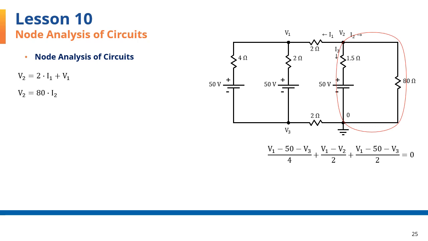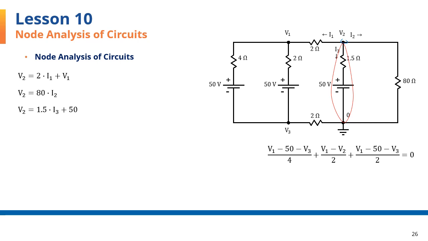Again, let's write the equation. The voltage rise of V2 on the left, and the only other voltage I come across is a voltage drop of 80 times V2, which goes on the right hand side. The third loop, again from 0 to V2, and this time I can just go right back to 0.